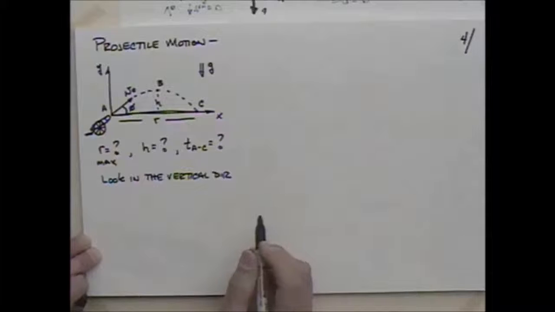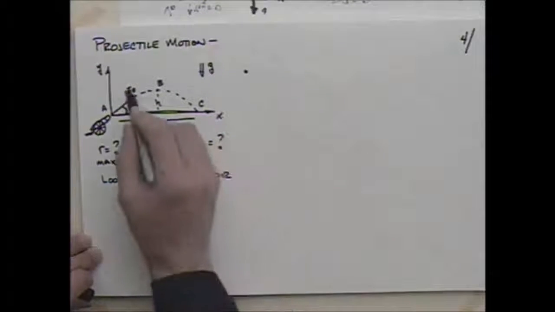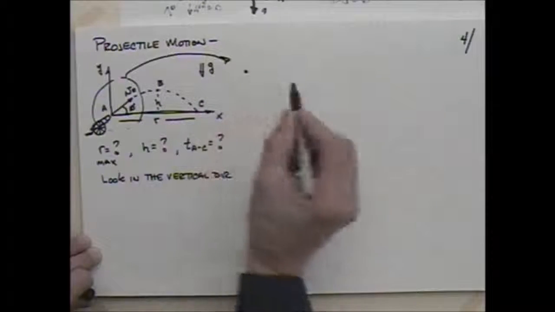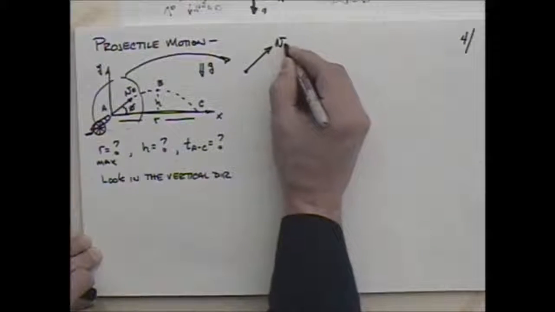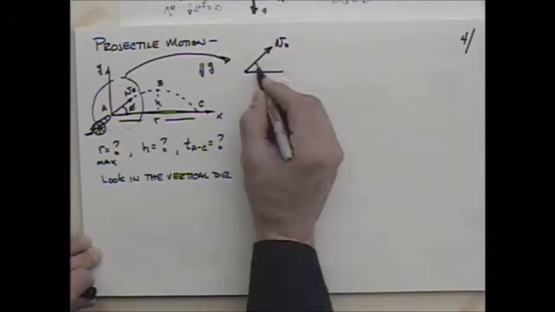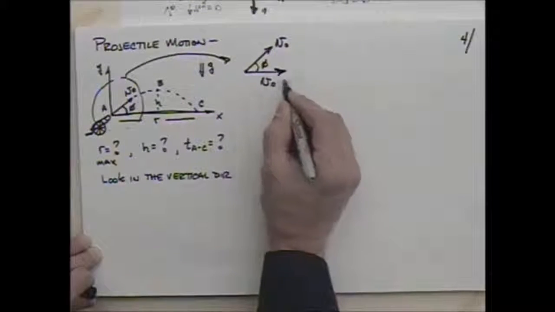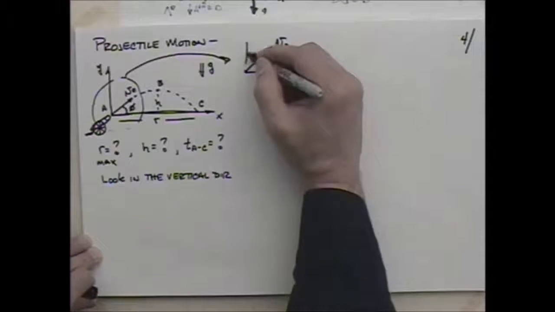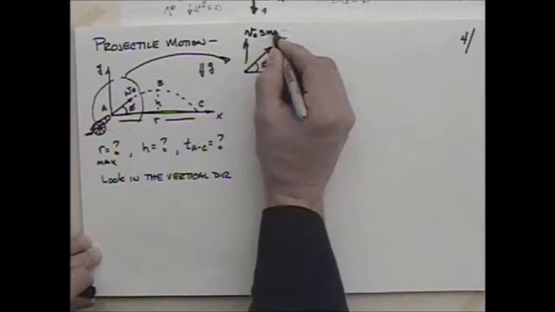So looking at the vertical direction, I'm really just coming in and blowing up what I have over there, and saying that this V naught at some angle phi could be broken up into V naught cosine phi and V naught sine phi.